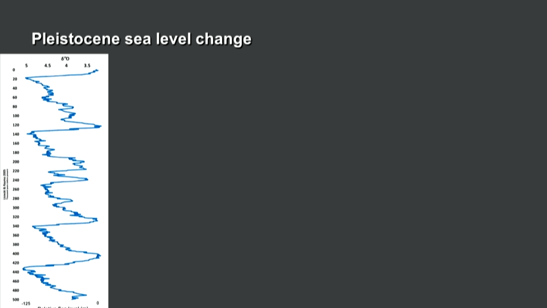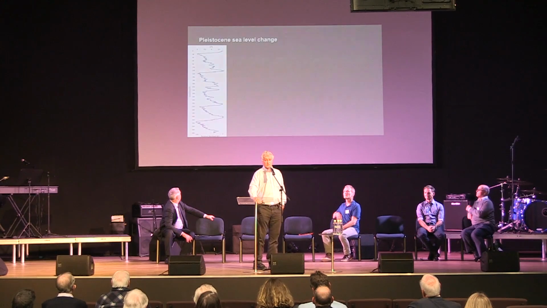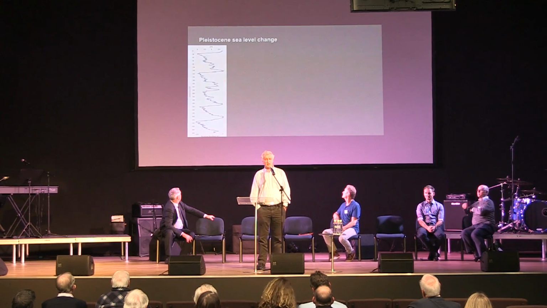This, you probably won't be able to see it, but this is 500,000 years worth of sea level change. The top is where we are today, and if I trust myself with this gadget, this point in here, 20,000 years ago, sea level was about 125 metres lower than where it is today.